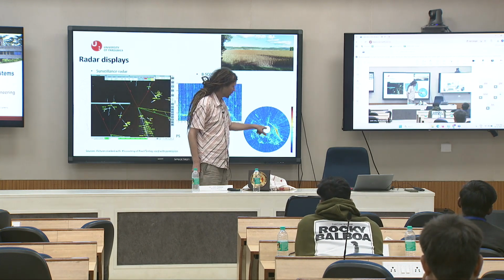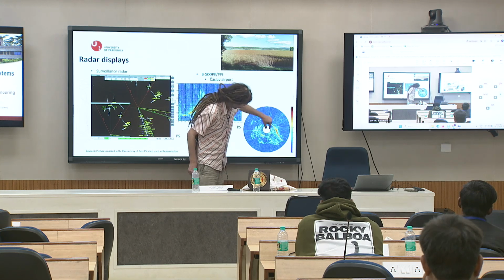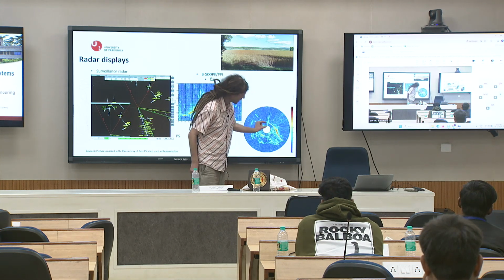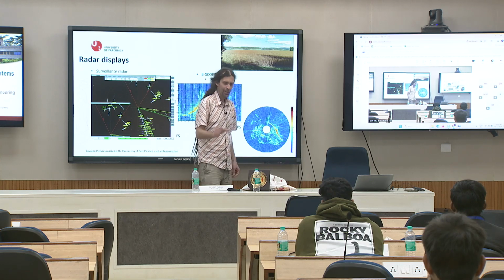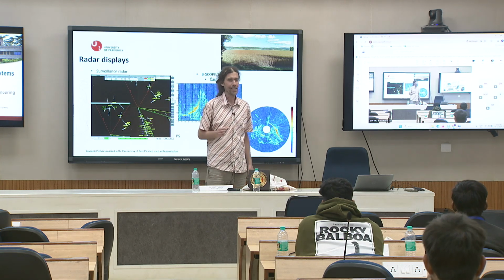And this is the position of your radar. And why do you think there is some white space? Just guess. Blind spots. It is the so-called dead zone of the radar.